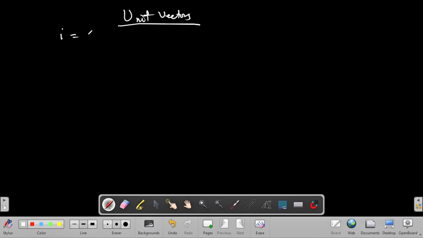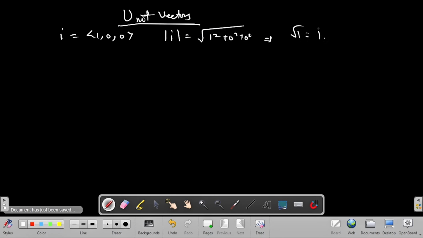Let's take i, which is (1, 0, 0) in 3D, and find its length. The length of i is the square root of 1 squared plus 0 squared plus 0 squared. This gives me the square root of 1, which is 1. That means it has a distance of 1. To find the unit vector of any vector, you can find the unit vector in the direction of any vector.